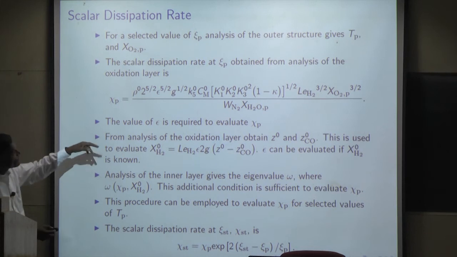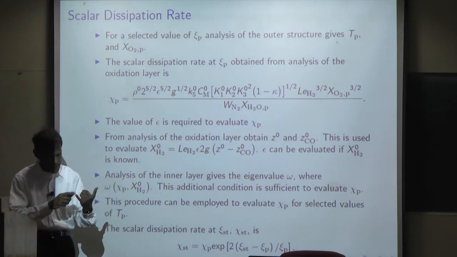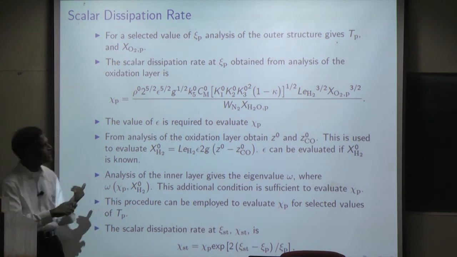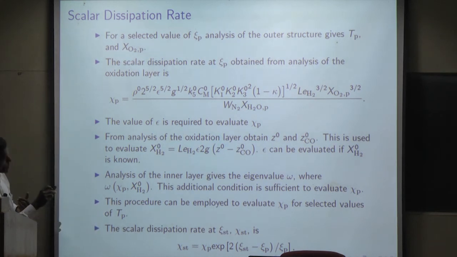So the point is, recall that going back to Tim's question earlier, that we have selected a value of the oxidizer leakage. And this is the scalar dissipation rate that is consistent. So you can see here's the oxidizer leakage, and here's the scalar dissipation rate, which is consistent with that oxidizer leakage.